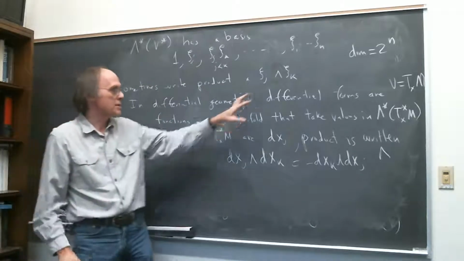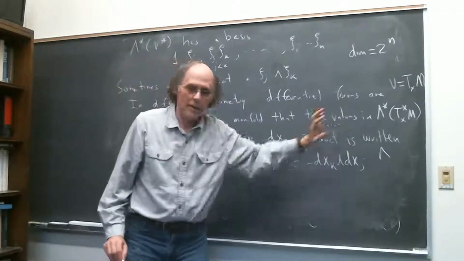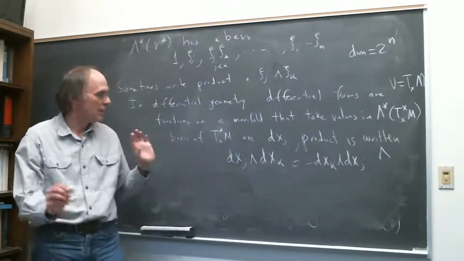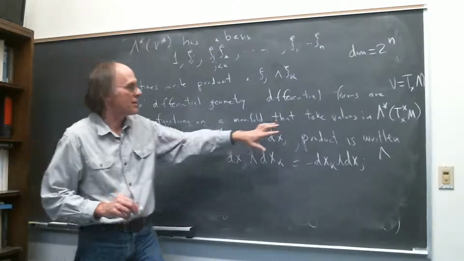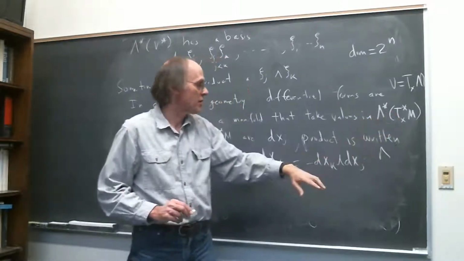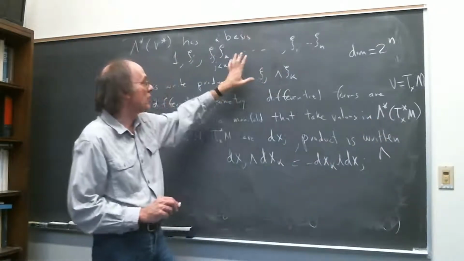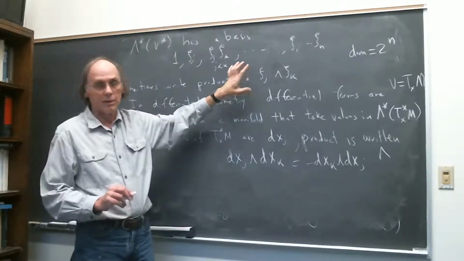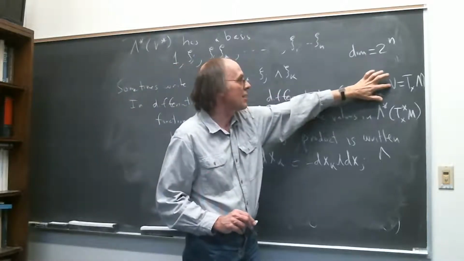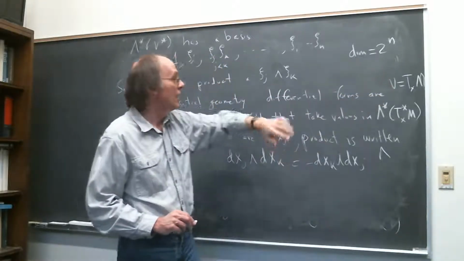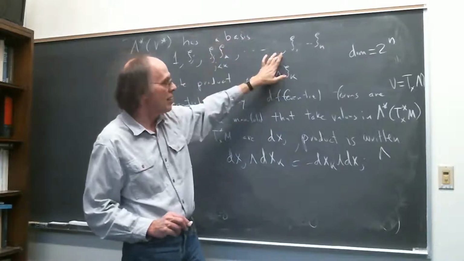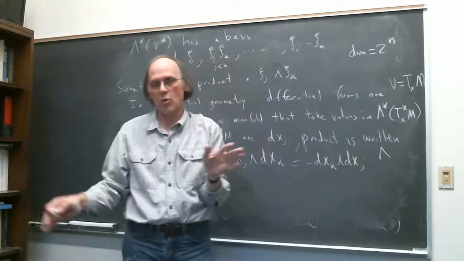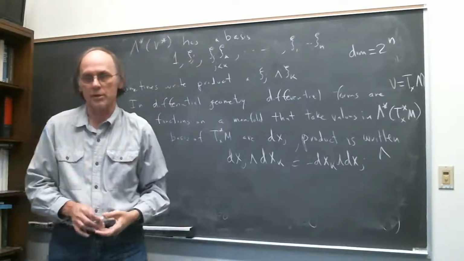Anyway, this is just in case you have run into or do run into the theory of differential forms. It's good to keep in mind that it's a somewhat more elaborate version of what I'm talking about, because what we're talking about is just a nice finite dimensional setting. There's only a single vector space V here, while in differential geometry you have a different tangent space at every point in the manifold, so you have a much more complicated story.